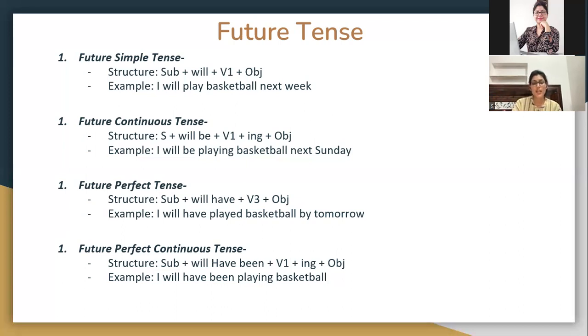I will have been playing basketball means this work started in the future, will continue in the future and end in the future. So we use future perfect continuous tense.